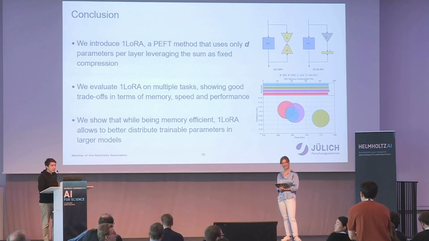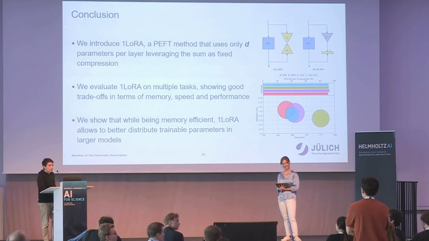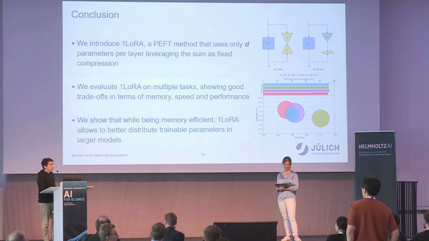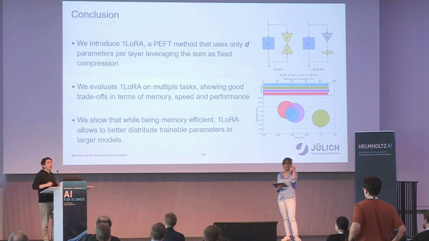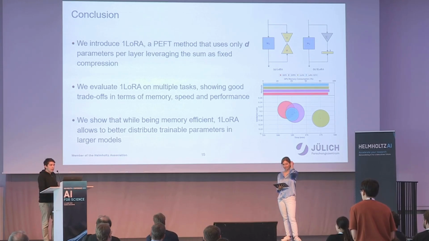Then we have one more question up front here. Thanks for the nice talk. I'm wondering, in LoRA you can adjust the rank to adjust the number of trainable parameters. Is it also possible for your method? No, here it's fixed. The context of this work is that we want to go to the smallest possible. So this is very limited to the very low rank regime. Can you also describe the difference between your method and LoRA with rank 1?